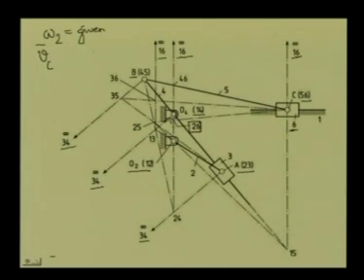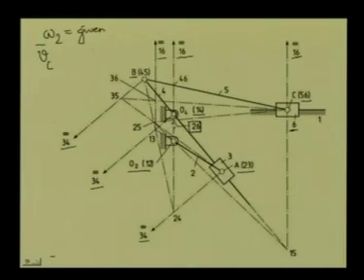which is lying here. Now, by definition, the velocity of this point, whether I consider it to be a point on body 2 or a point on body 6, must be the same. That is the definition of relative instantaneous center 2, 6. Because omega 2 is prescribed, I can find out the velocity of this point 2, 6.